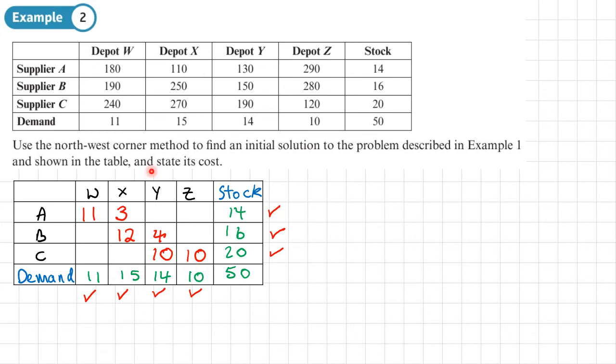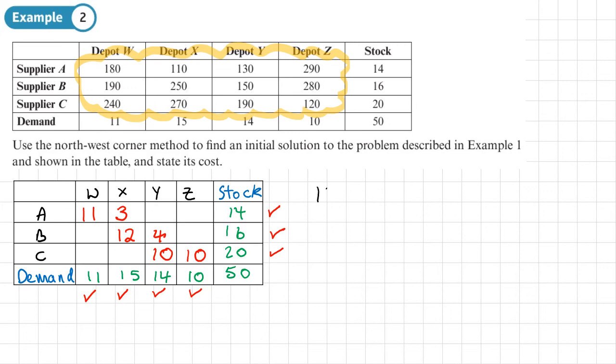Now we want to find the cost of all of this. This is where we look at the middle part of the table, this cost matrix part here, and this will tell us how much it's going to cost for 1 unit. So for our overall cost, I'm transporting 11 units here and each one costs 180. So that's going to be 180 times 11.